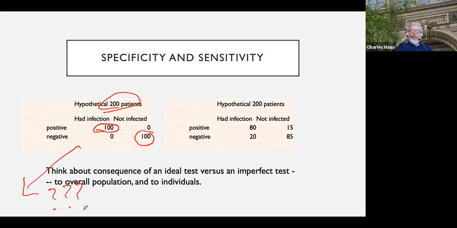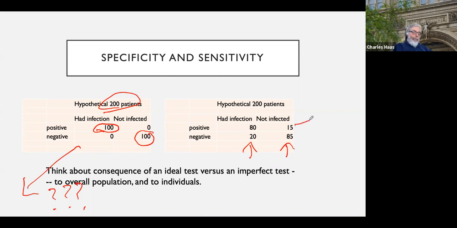It's unlikely ever to get an ideal test. A non-ideal test might be we have the same 200 people, 100 infected, 100 not infected, but of those who had the infection, 20% are negative. Of those who did not have the infection, 15% were positive.